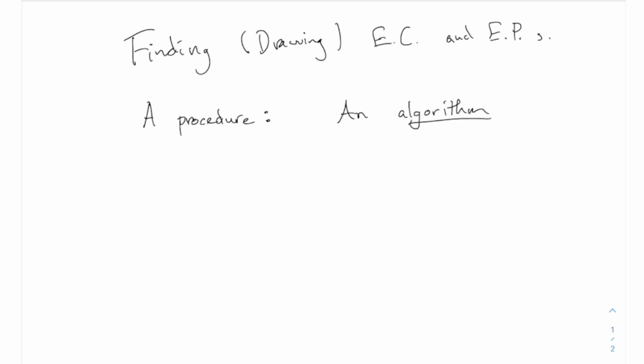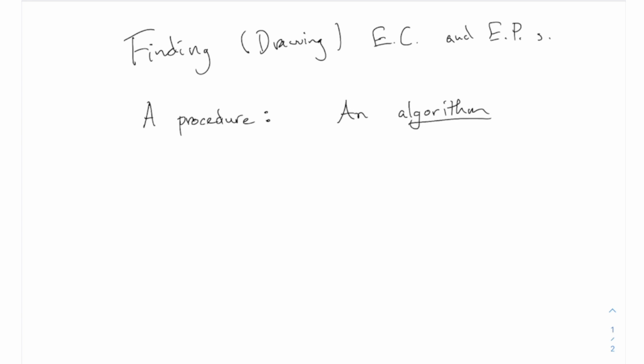The word algorithm is also used to describe a computer program. Usually when people say algorithm in the real world, they're talking about computer programs, but that's what a computer program is: a specific series of steps which are followed in order to solve a particular problem.